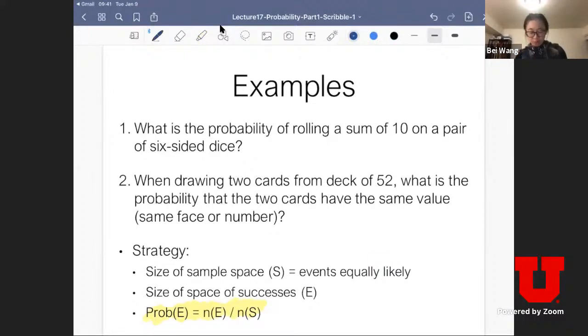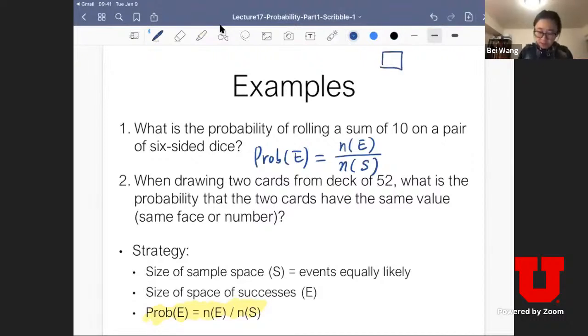All right, let's look at the first question. What is the probability of rolling a sum of 10 on a pair of 6-sided dice, assuming each face has equal probability? The probability of my event is the size of my successful outcomes over the size of my sample space. So when you roll 2 dice, what are the cases where you have a sum of 10?